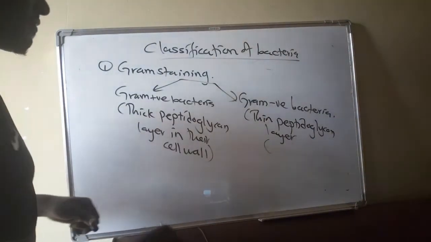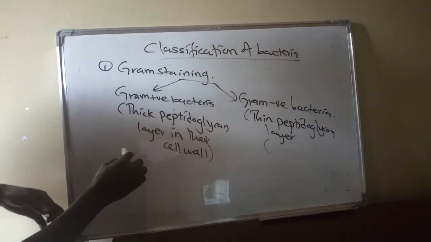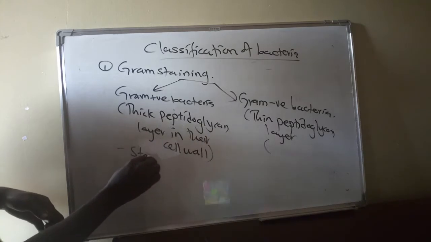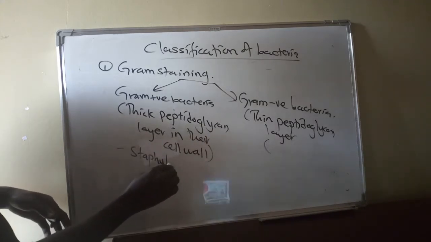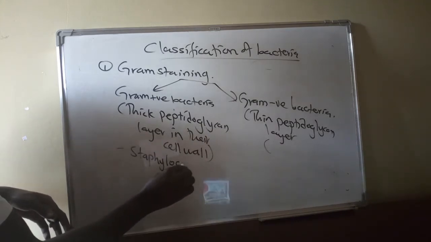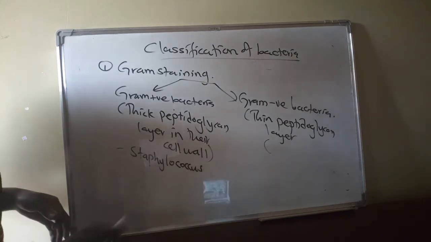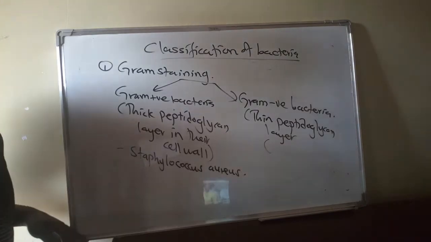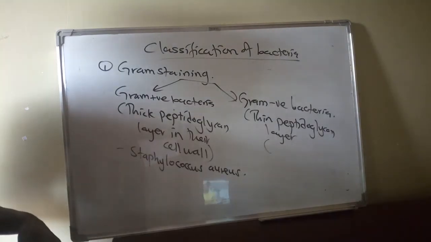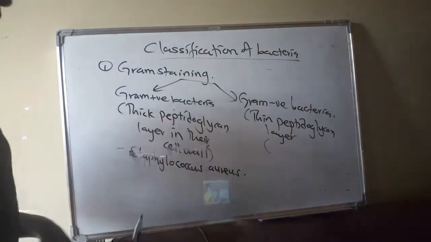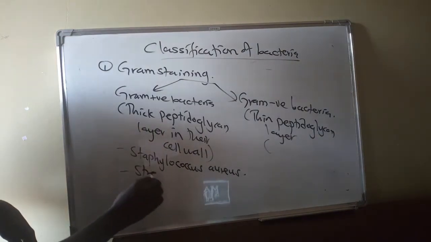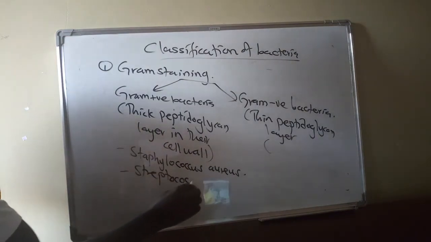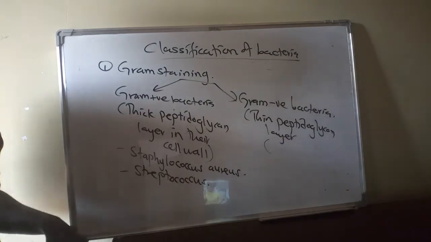The gram-positive bacteria include Staphylococcus. An example is Staphylococcus aureus, the one that causes several respiratory tract infections. We also have Streptococcus and others.